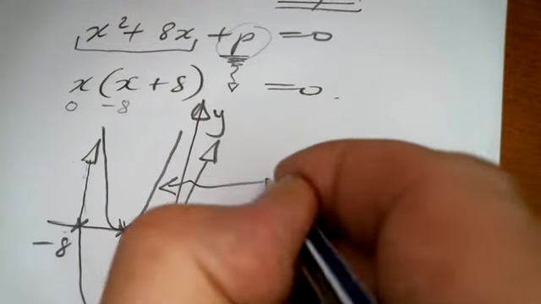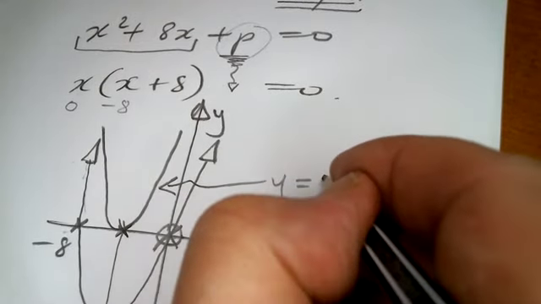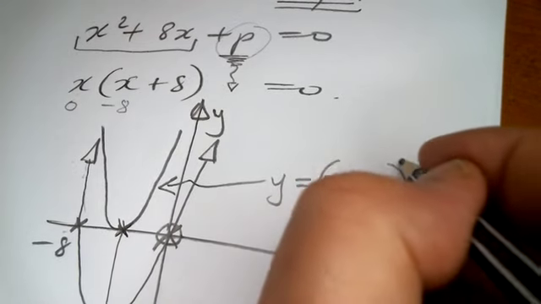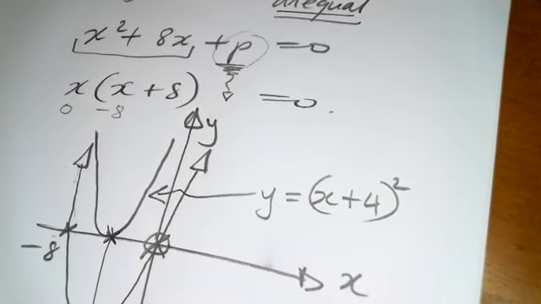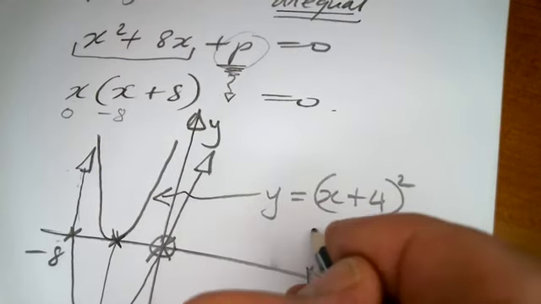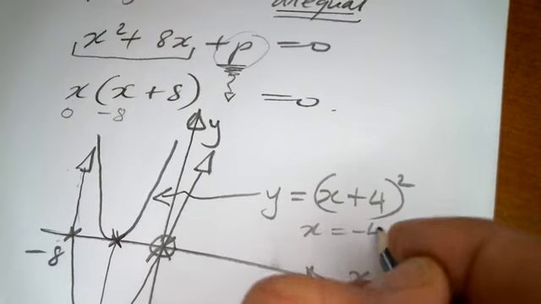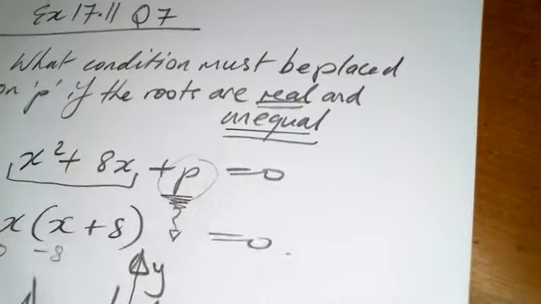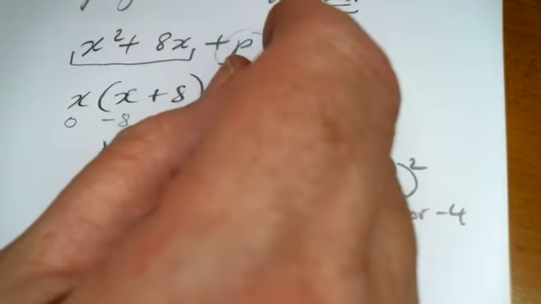We know this is going to be y equals x plus 4 all squared, yeah? So we've got x plus 4 all squared. In other words, x is going to be equal to -4 or -4. It does it twice. In other words, now the roots are real and they're equal.